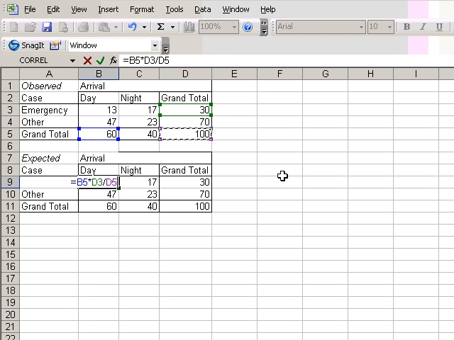Now, in order to copy this to the other 3 cells, I'm going to fix the D5 with an F4, $D, $5. Then clicking in D3, I'm going to fix that with $3 because I always want to be taking that multiplier from column D.